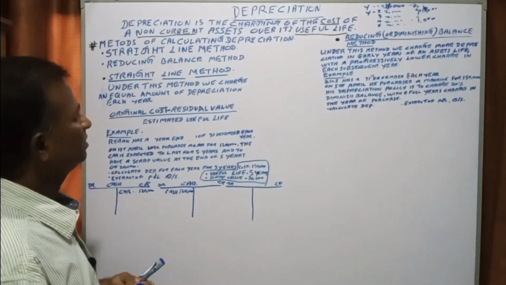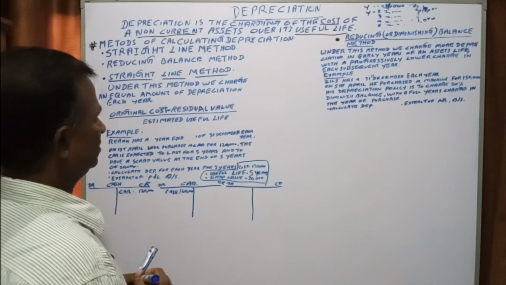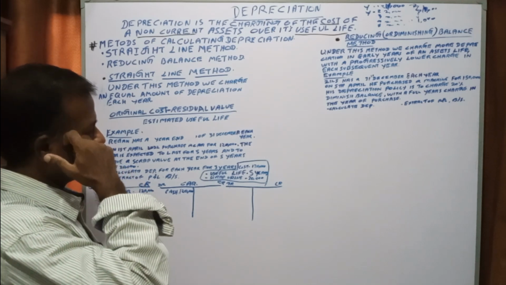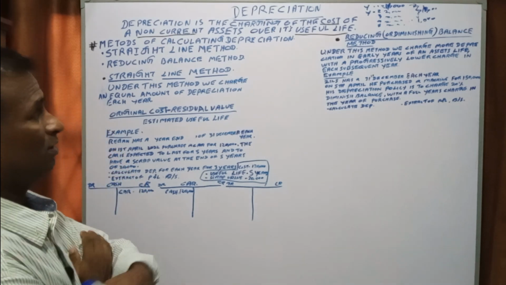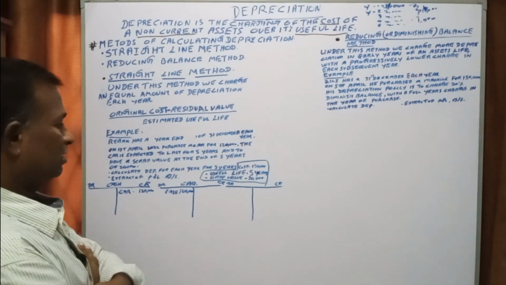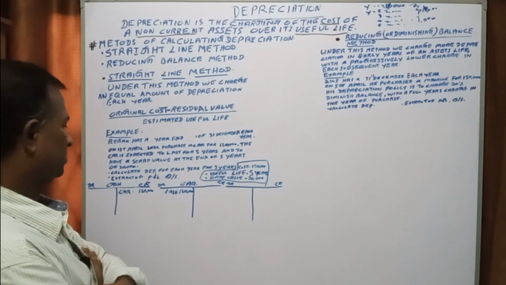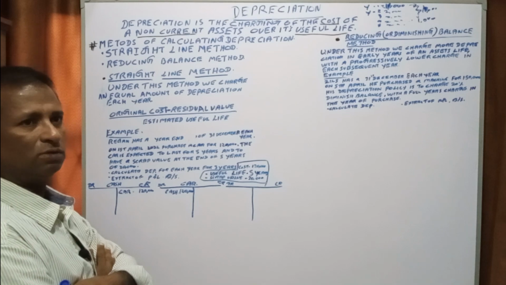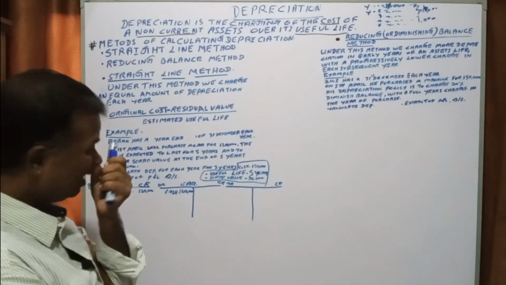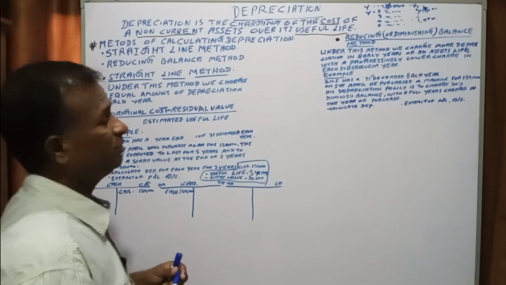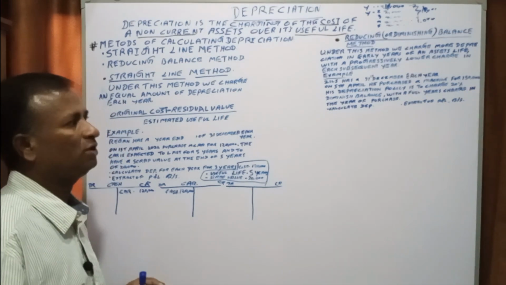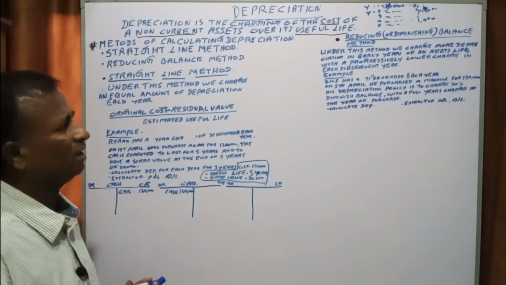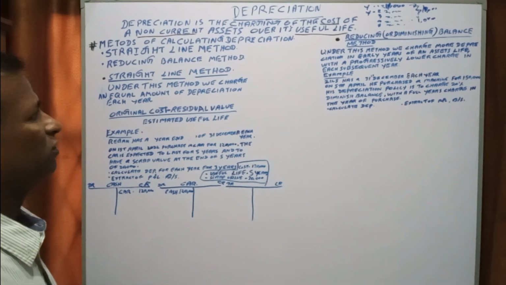We can give you the link. Now, when we are making a depreciation, the asset value should be the same in the asset register. We are not going to touch the asset account. What we are going to do is create two accounts: depreciation and provision for depreciation.